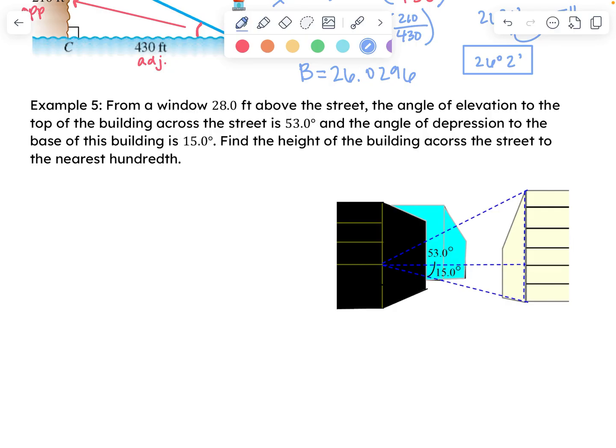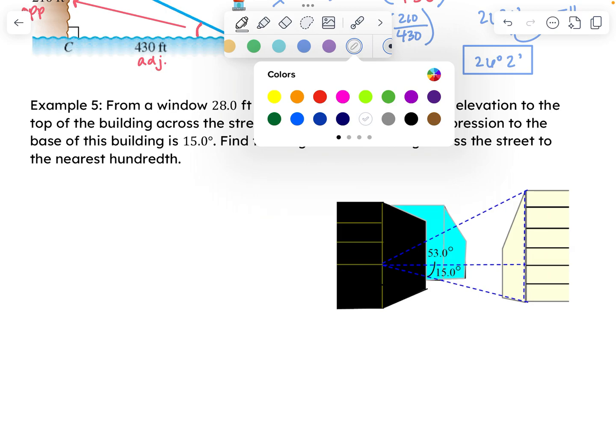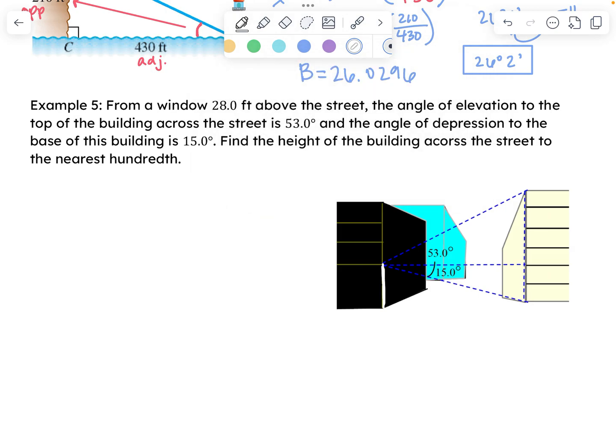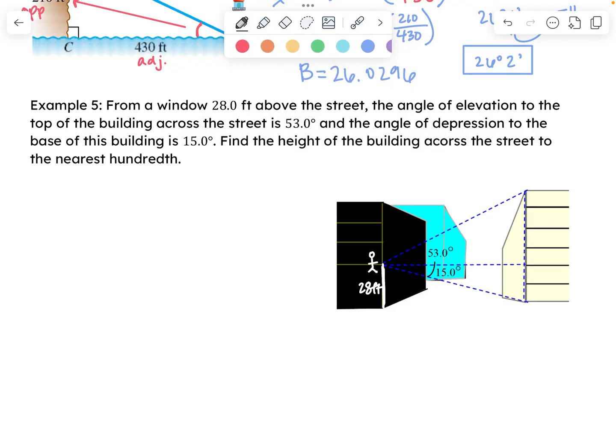So let's kind of break down some of this. I'm going to switch to white so you can see me draw on the black building over here. You're standing over here, and you are 28 feet up. Then you are looking across this way.